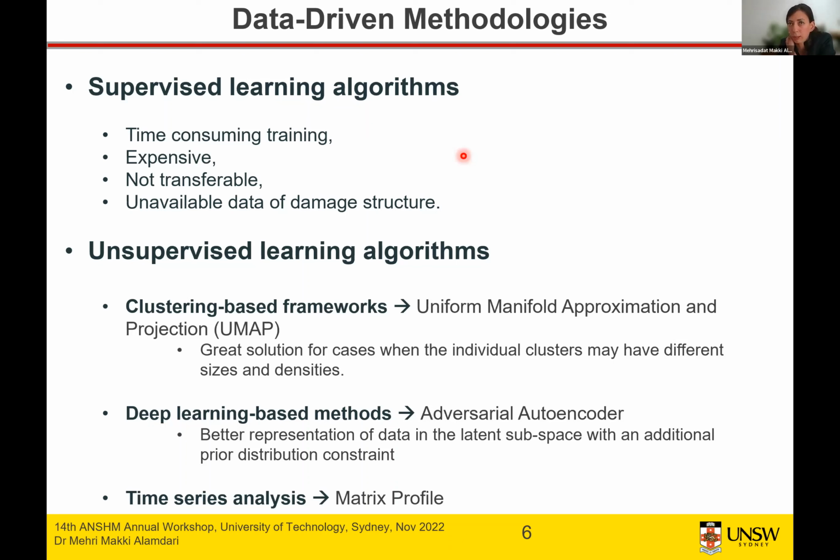The most important reason is that we usually do not have access to information from the damaged state of the structure, because in order to train a supervised learning model, we need access to labeled data, but that's something that we always lack in practical applications. Further, it's too costly to train a supervised learning model, and it's not really transferable to other bridge states or other bridge models. Therefore, my approach to tackle this problem is purely based on unsupervised learning.